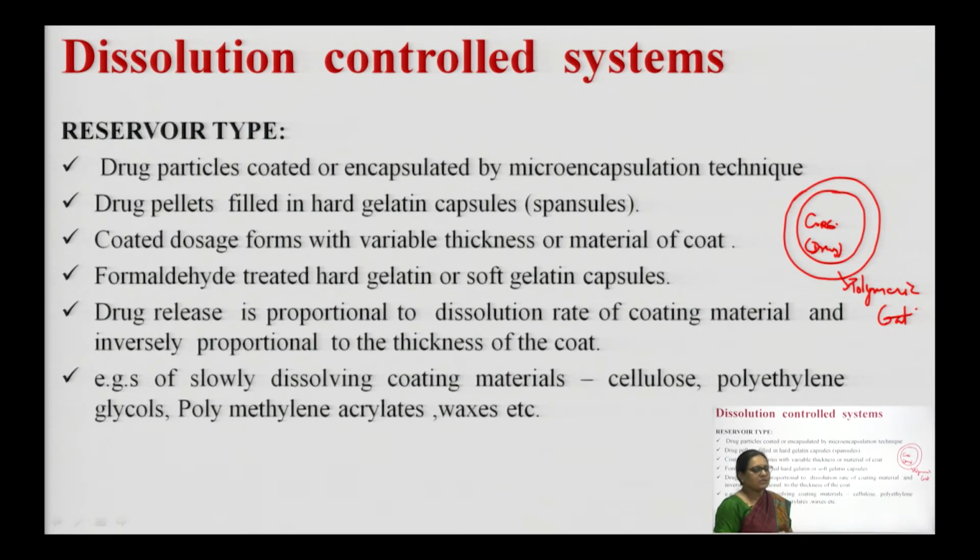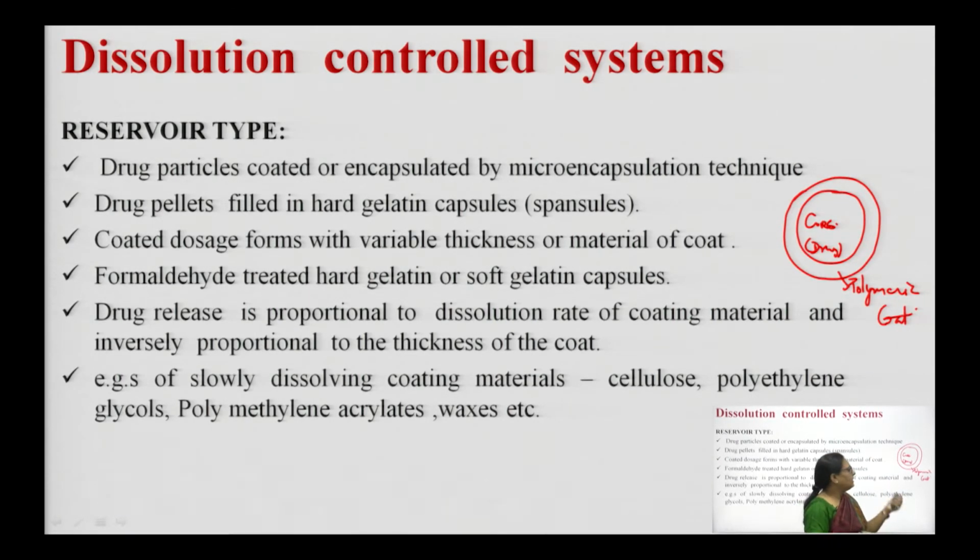Now, since this coating prevents the drug particle from coming in direct contact with the dissolution medium, the dissolution of an otherwise highly water soluble drug will be slowed down. This polymeric coat acts as a barrier between the drug particles and the dissolution medium.